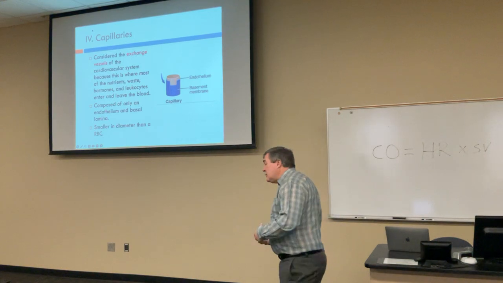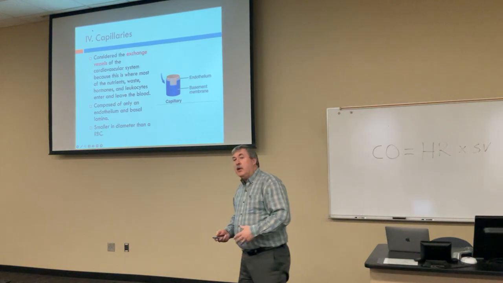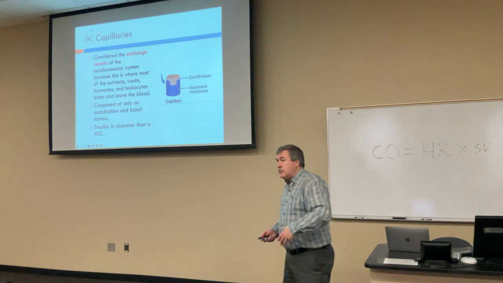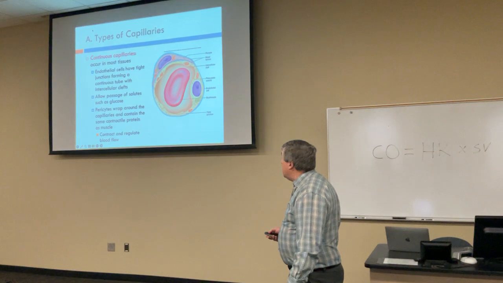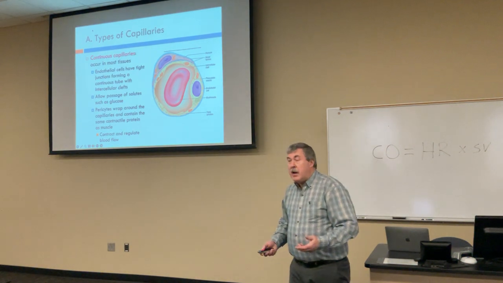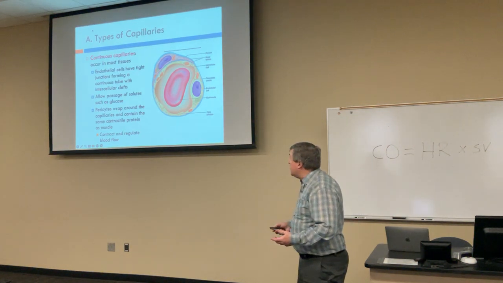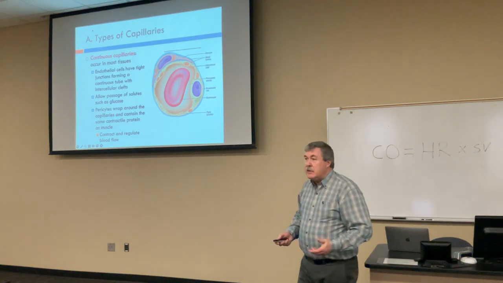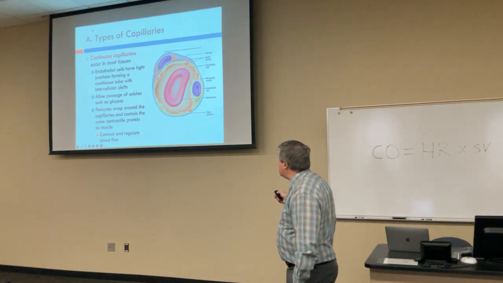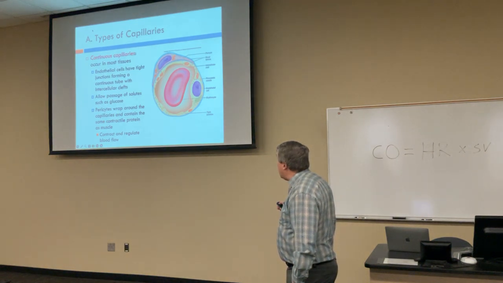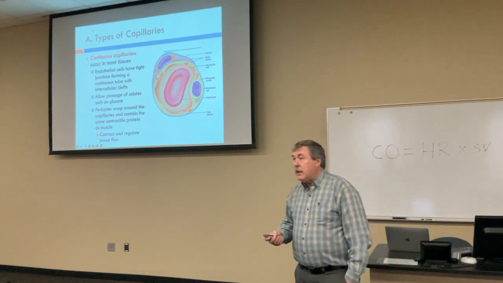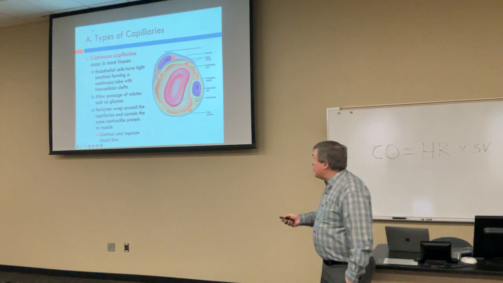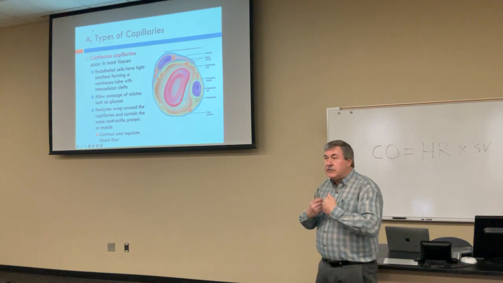Now, as it turns out, there are 3 different kinds of capillaries, just as we saw there were 3 different kinds of arteries. Most of the capillaries in our body are called continuous capillaries. In continuous capillaries, the walls are continuous, because the endothelial cells, like right here, are held together by tight junctions, which are protein complexes that hold the cells very tightly together.